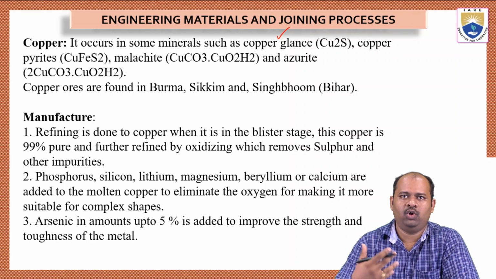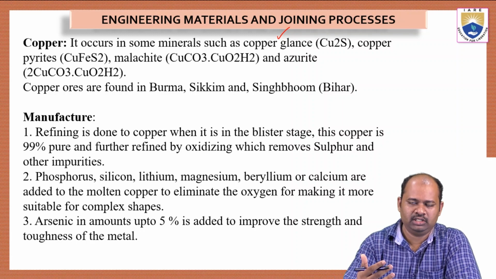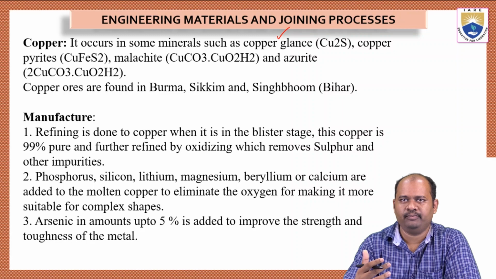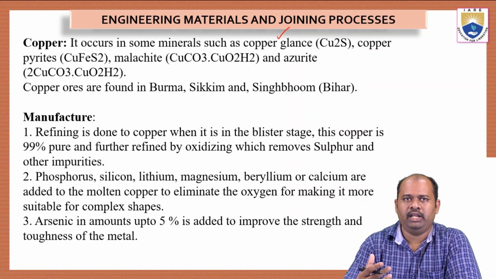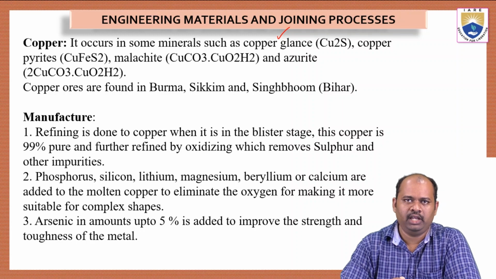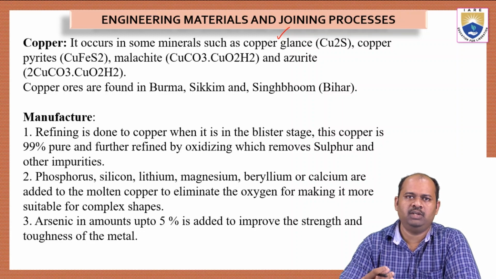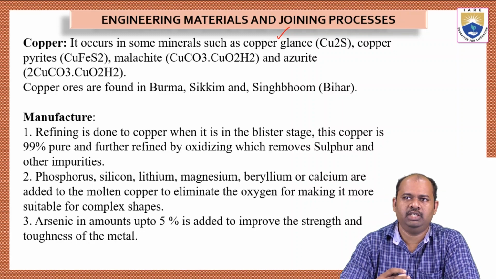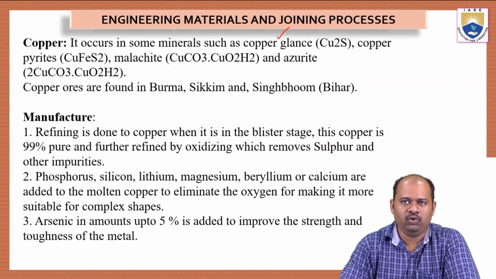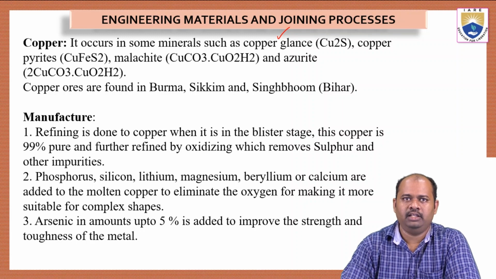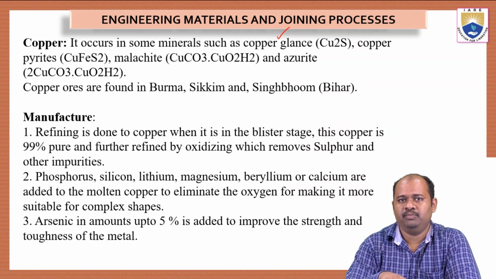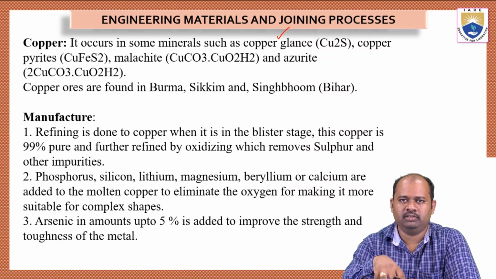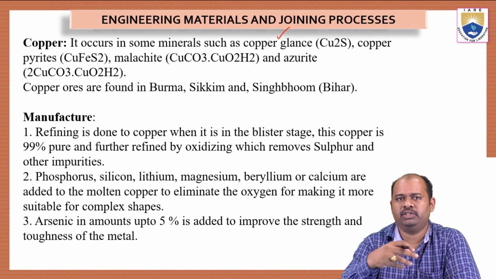Refining is done to copper when it is in the blister stage. Whatever ore we have obtained from the Earth's crust is taken and refined. This copper is 99% pure and is further refined by oxidizing, which removes sulfur and other impurities, so that we get the purest form of copper.